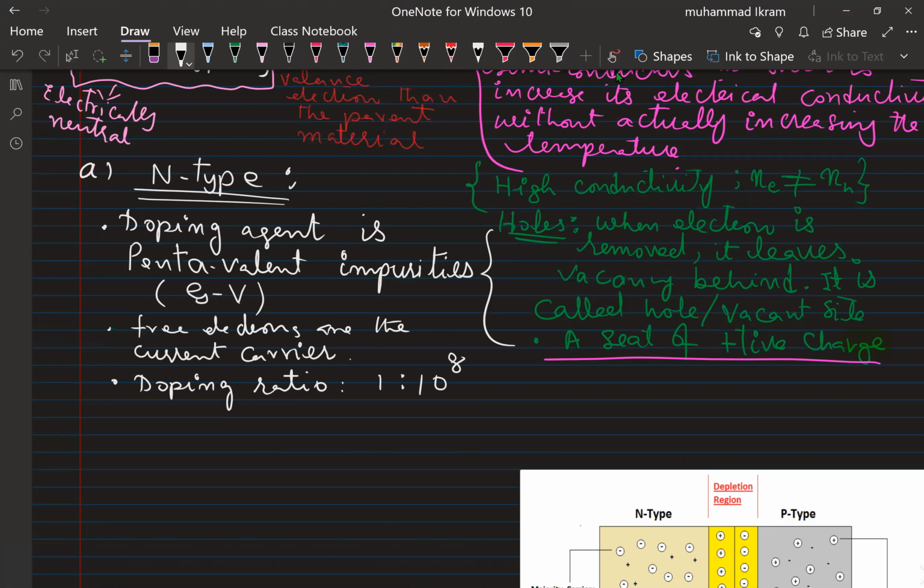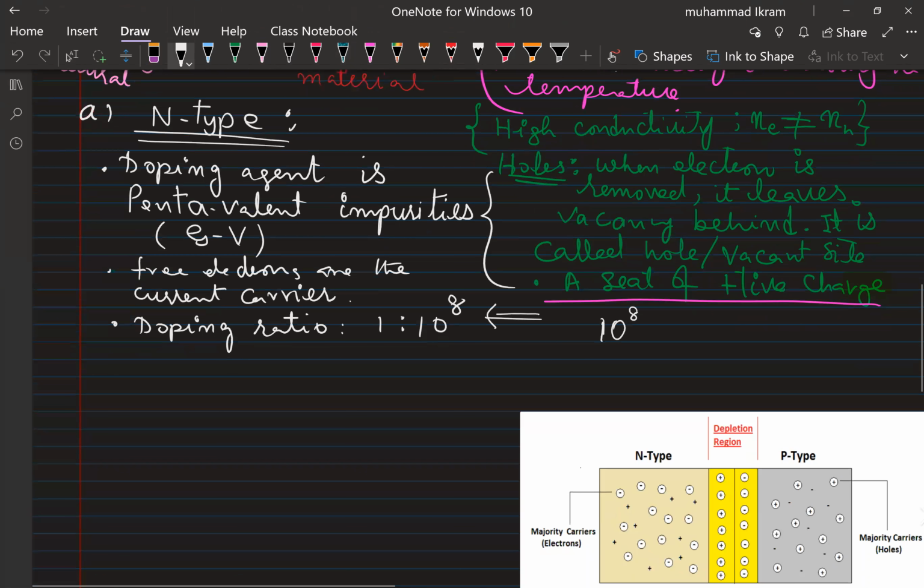That is, for 10 raised to the power 8 silicon atoms, intrinsic atoms, there must be one impurity atom. You may check your book for this, whether it is 10 raised to the power 8 or 10 raised to the power 6, I'm forgetting, but 80% I'm sure it is 1 into 10 raised to the power 8. This is the doping ratio here.